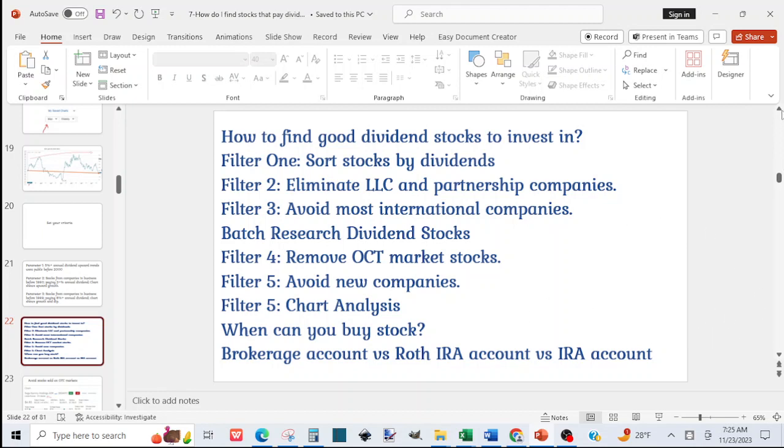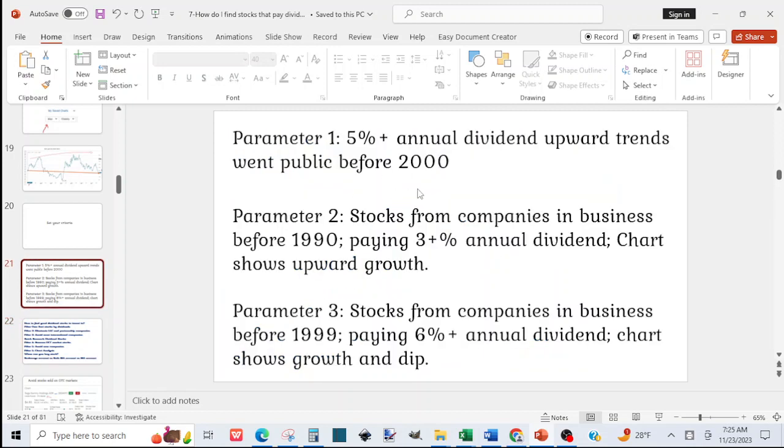In the criteria, the parameters that we set, roughly 1990. I didn't have 1990 here, but we said 2000. We can just work with 2000. We do not want to put on our spreadsheets any stocks that went public after 2000 for dividend income purposes. And that's what that means.